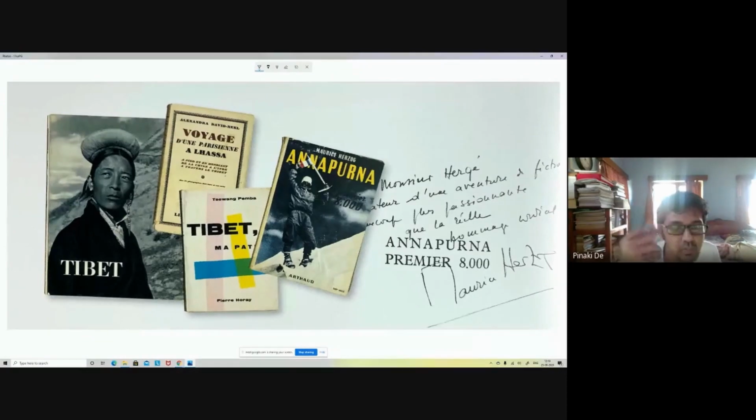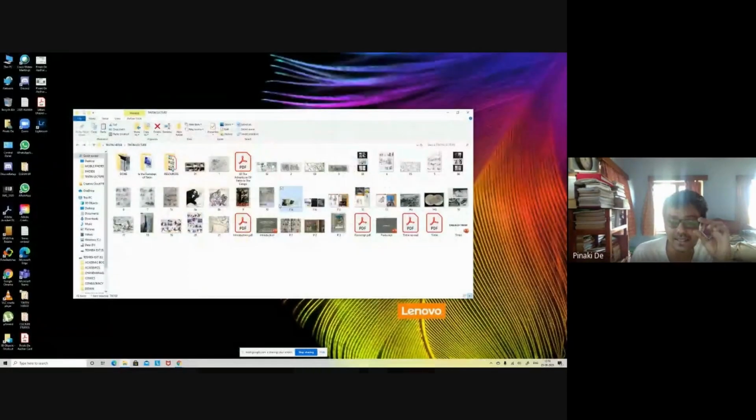She wrote a book called A Voyage to Lhasa. It's a kind of spiritual travelogue. Of course, Arj is very influenced by that. He was also very influenced by Maurice Herzog's Annapurna. So a lot of description that you see is coming from Maurice Herzog's description of Annapurna.